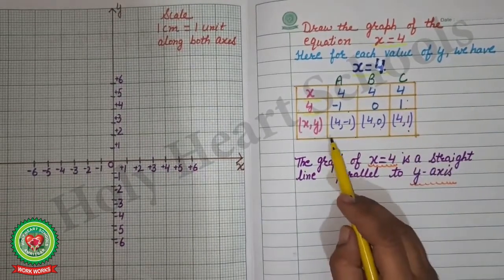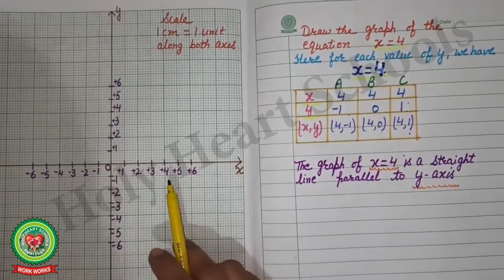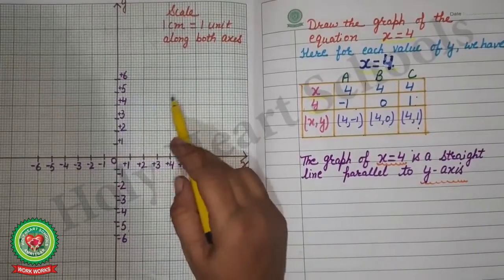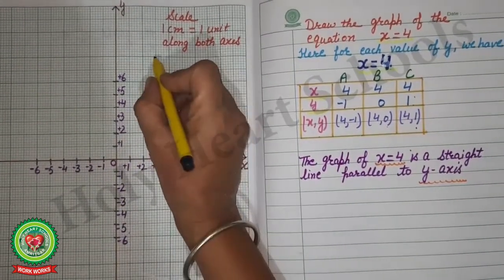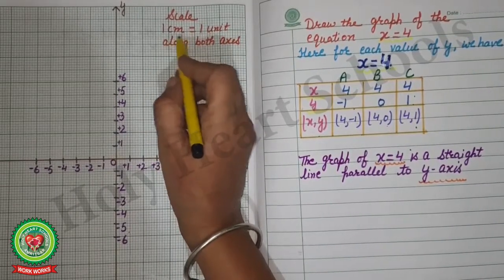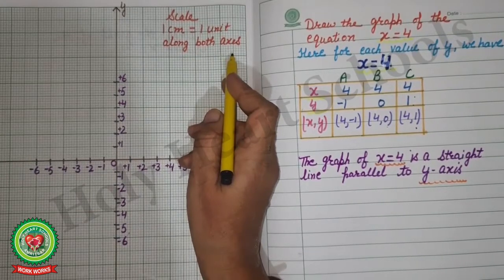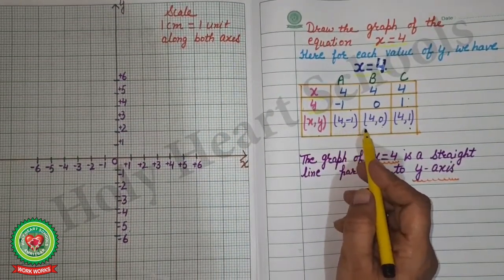Now we will plot these three points on a graph sheet. See students, this is a graph sheet, x-axis, y-axis, and marks at equal distances on all sides. This is the scale, 1 centimeter is equal to 1 unit along both axes. Now the first point is (4, -1).